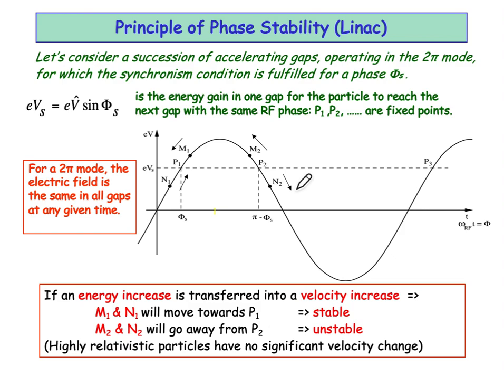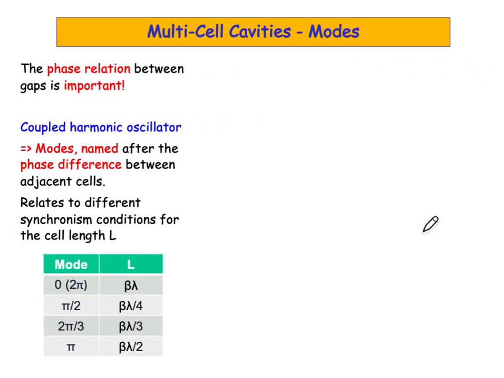So it is a stable condition when they move towards P1, and here it is unstable. As the energy increases, the velocity automatically increases. This is the condition.